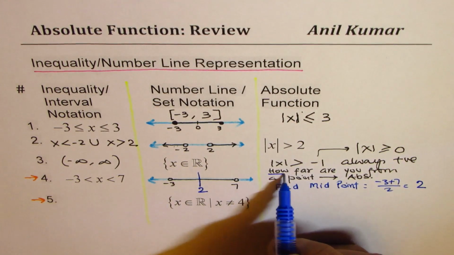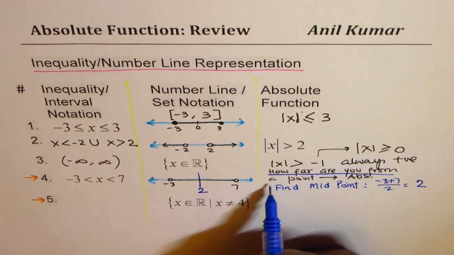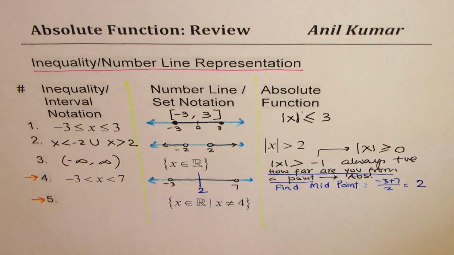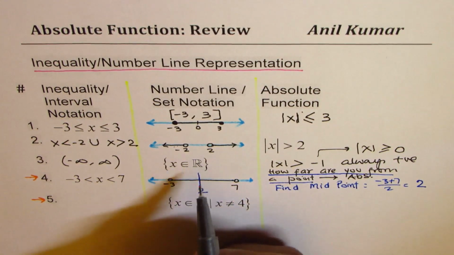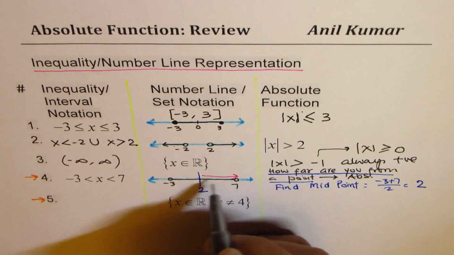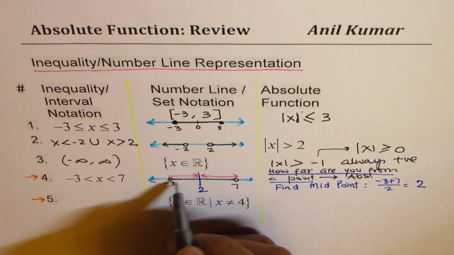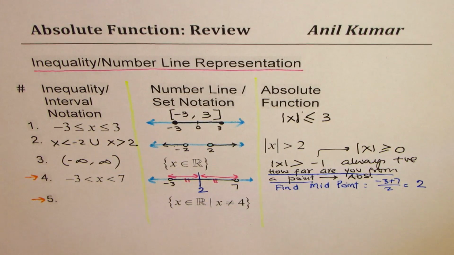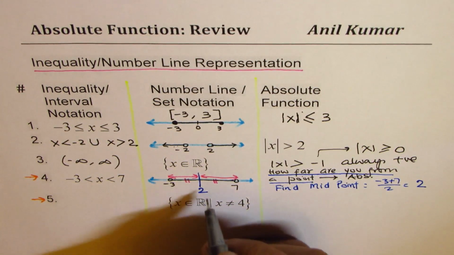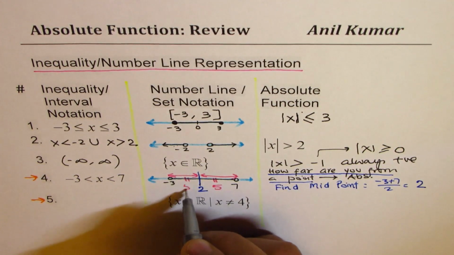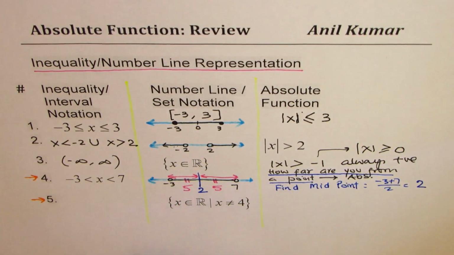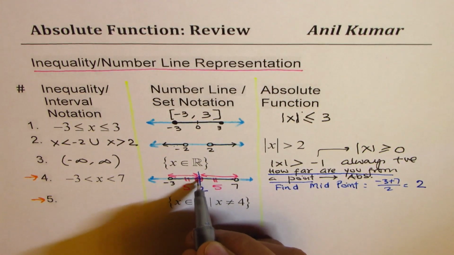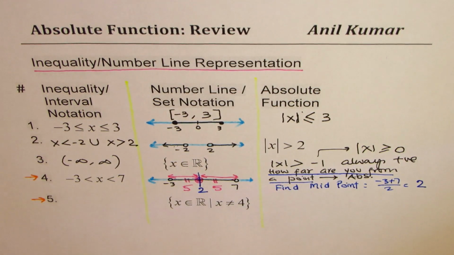Now answer this question, how far are you from a point? That is to say, what is the distance from here to one extreme and what is the distance from here to the other extreme? Obviously, since this is a midpoint, both distances are same. The distances here are 5 units, correct? 5 on this, 5 on this. Center being at 2. Do you get it?